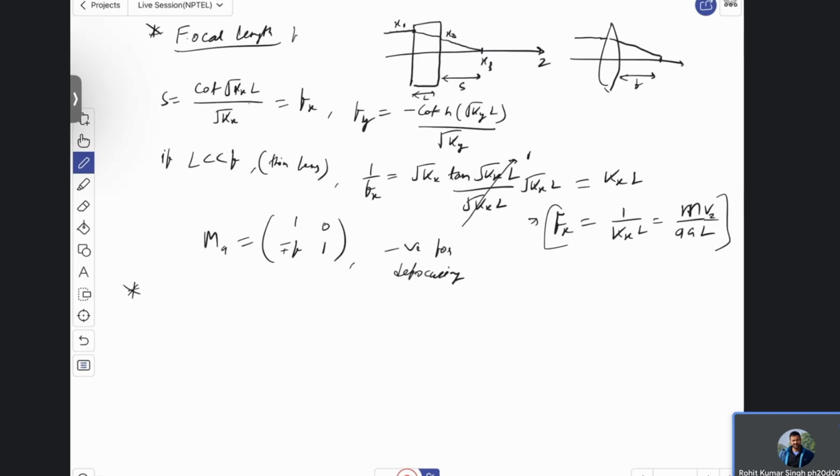How do we study that? For that, we should have some kind of general equation of motion.